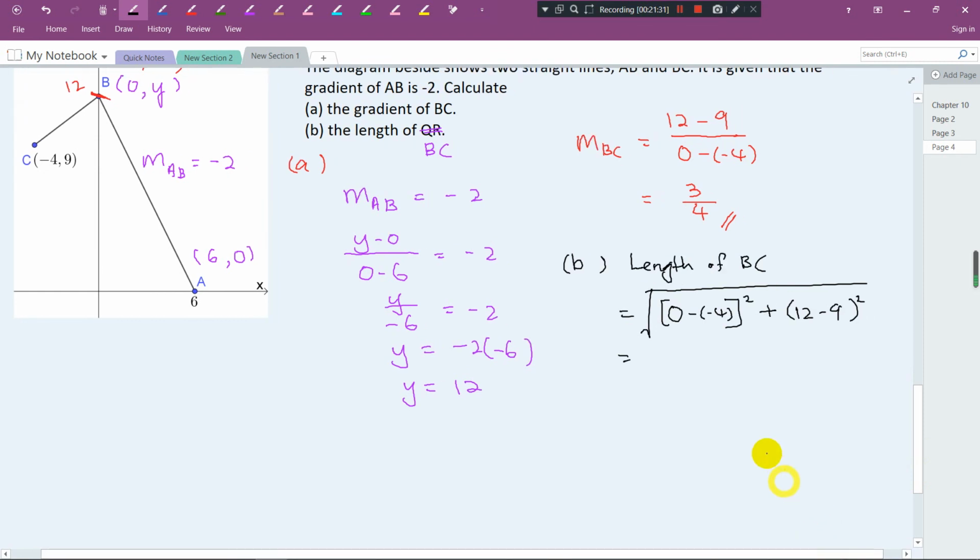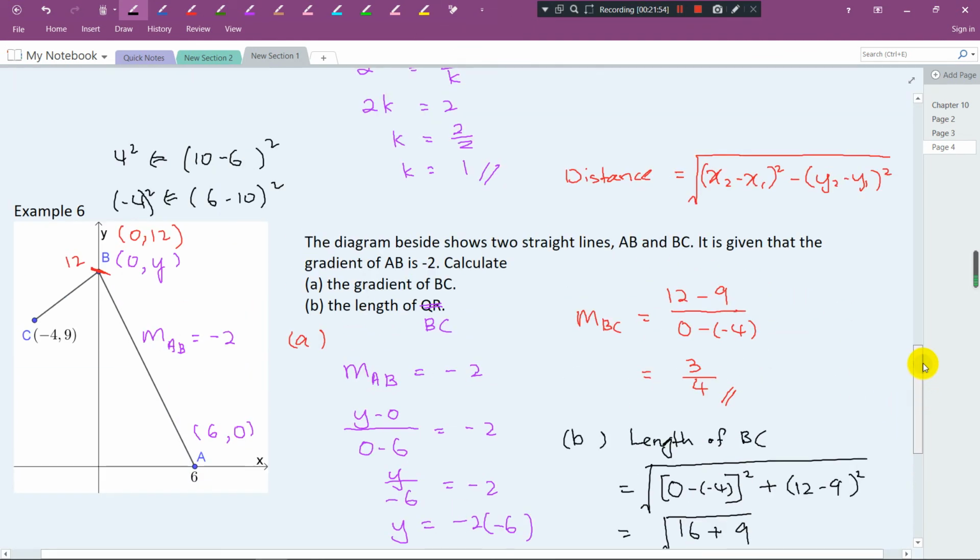Positive 4, positive 4 square, you get 16. And this 12 minus 9, you get 3. 3 square, you get 9. That gives 25, square root of 25. So the answer, square root of 25, you get 5 units. Okay, so this is the way how we get the distance between 2 points.